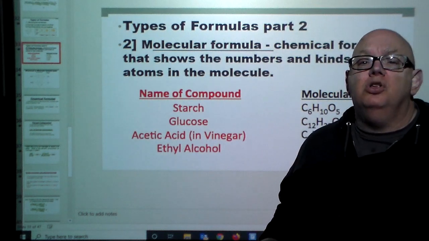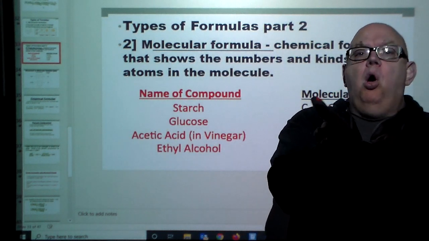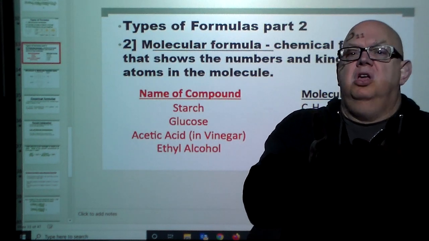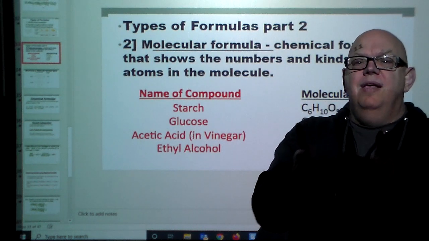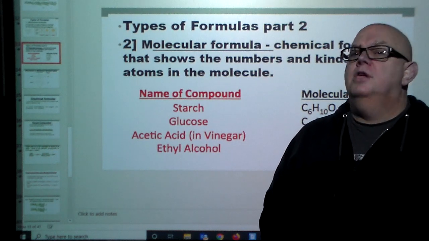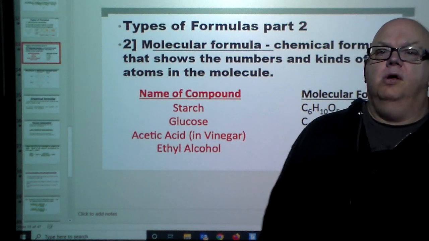It doesn't tell me where it goes or how it goes. It just tells me, here are the parts, like the car. Here are your wheels, here's your tires, here's your transmission, here's your brake system, here's your drive shaft, here's your gear lever, here's your electronic fuel injection system, and so forth.